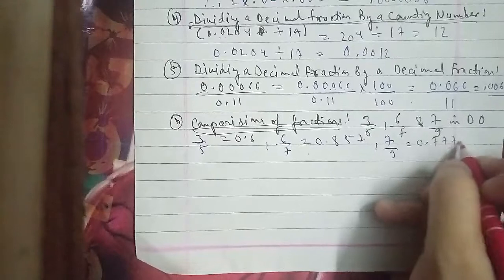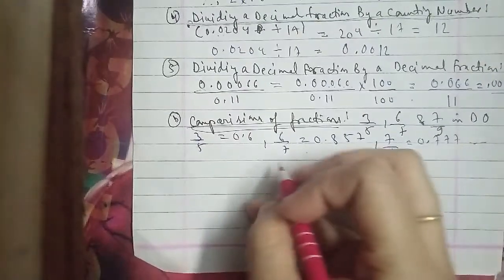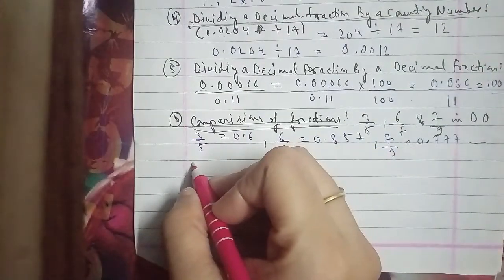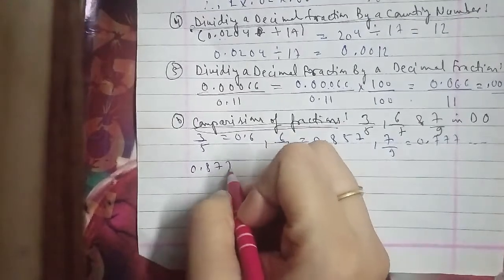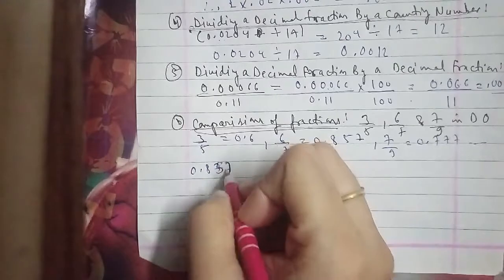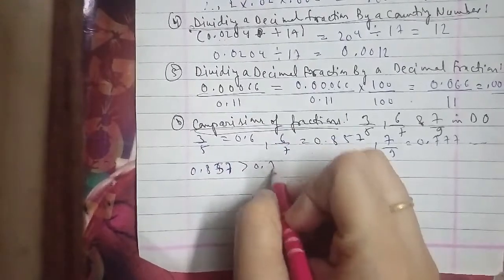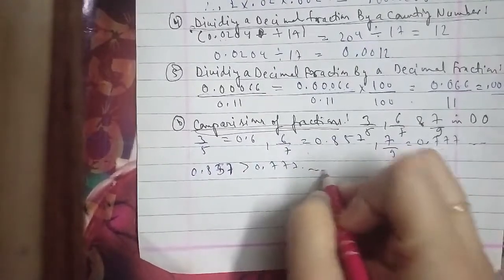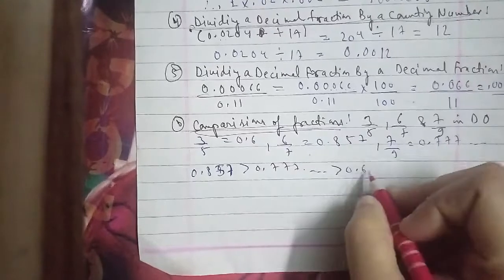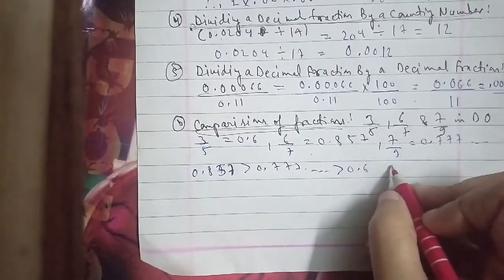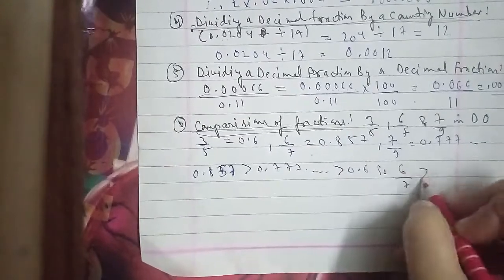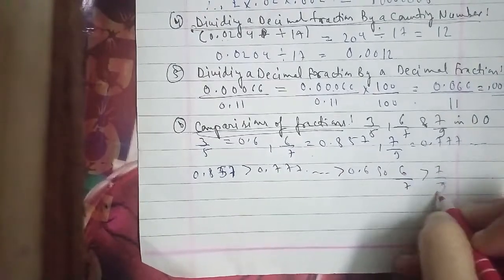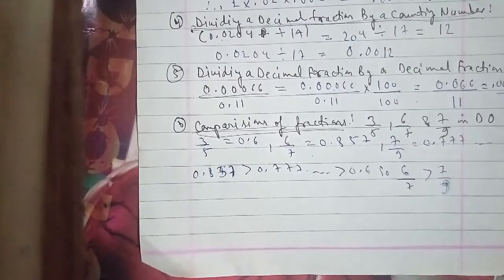So in this case, 0.857 is greater than 0.7777, and that is greater than 0.6. In the same way we can say that 6 upon 7 is greater than 7 upon 9, and that is greater than 3 upon 5.